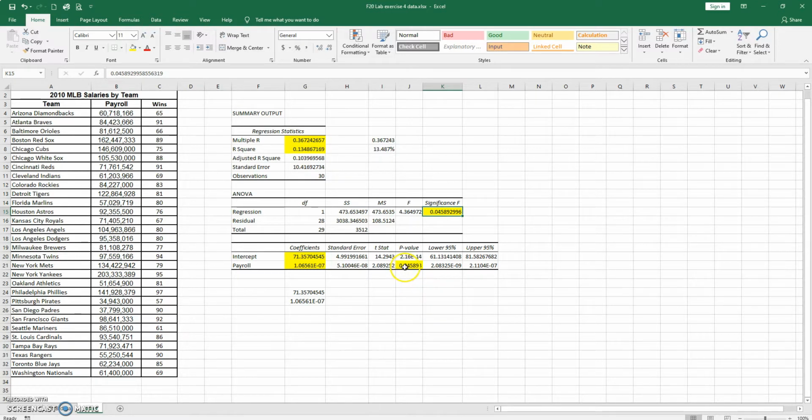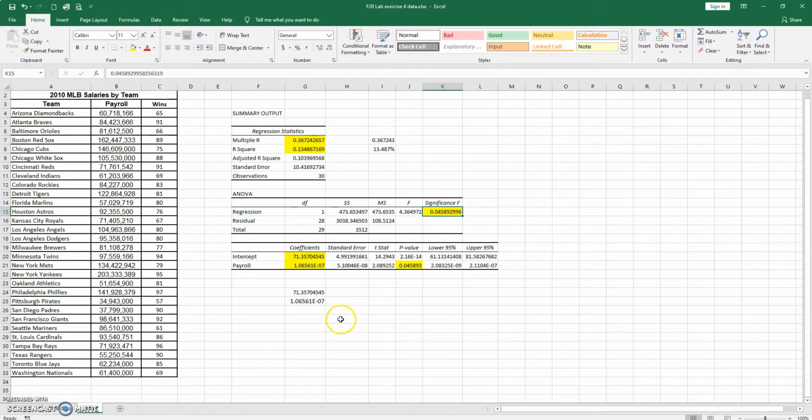The p-value here, as well as the significance F value, is less than 5%. So we are going to reject the null hypothesis because the p-value is less than alpha, and then state that there is a significant relationship between payroll or salary and wins.